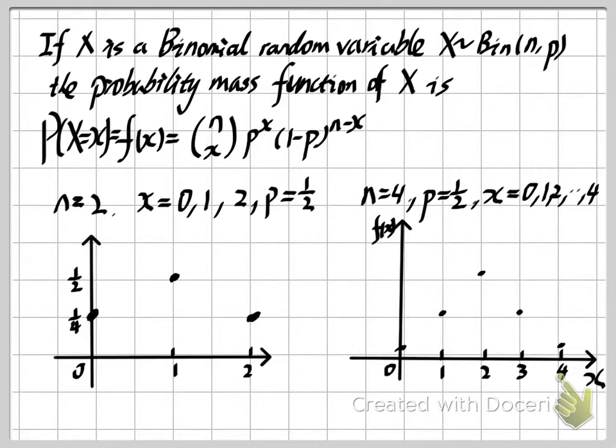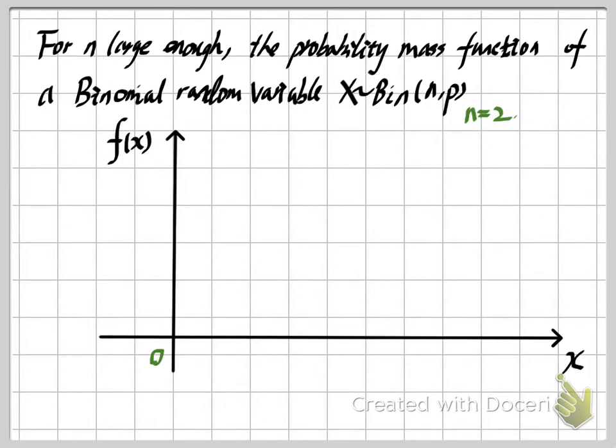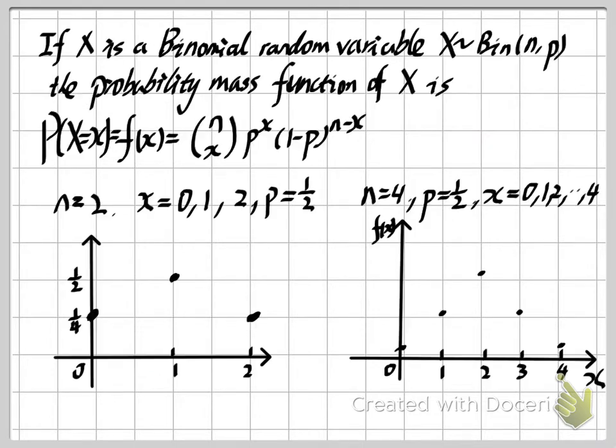Okay, and then what happens if we increase the value of our n to a much larger number? For example, here we can have a graph. When p equals 1/2, this will also be symmetric, and around the median of the possible values of this random variable, it will have a much higher probability.